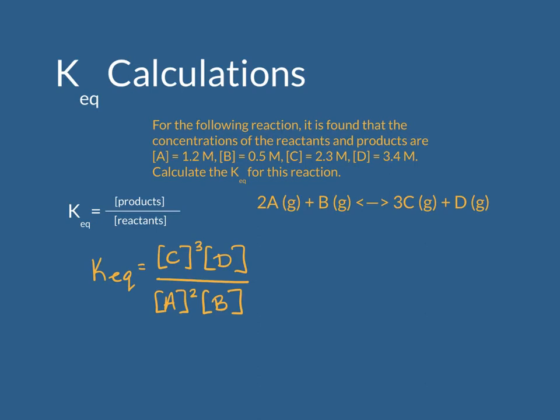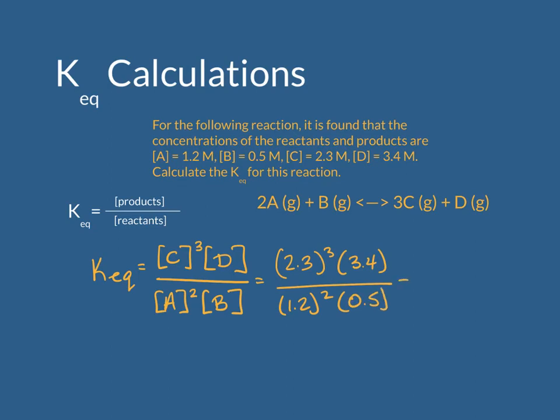From here, all we need to do is plug and chug our concentrations from the equation into our equilibrium expression. So for C, our concentration is 2.3, so it's going to be 2.3 cubed, and for D it's 3.4 over our A concentration is 1.2 squared, and for B it's 0.5.